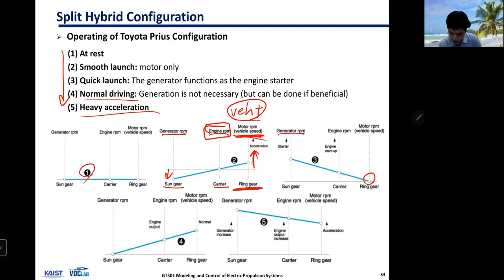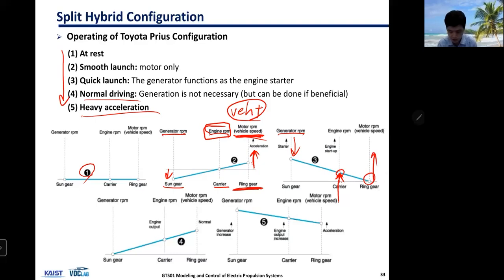So the engine starts from 0 speed, and then as the engine produces torque and power, you need to apply reaction torque or generating torque at the generator, so that your vehicle speed increases, okay?